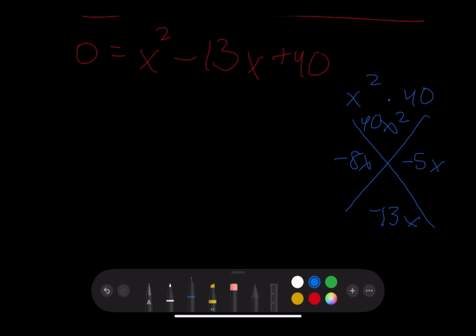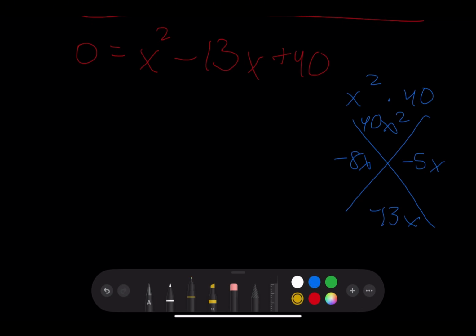We can do negative 8x and negative 5x because two negatives multiplied together give you a positive, and also negative 8 minus 5 gives you negative 13, because when you add two negatives together, you get yet another negative.